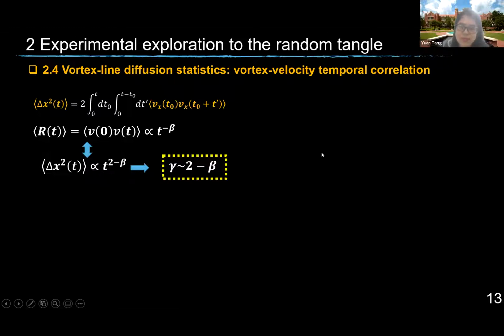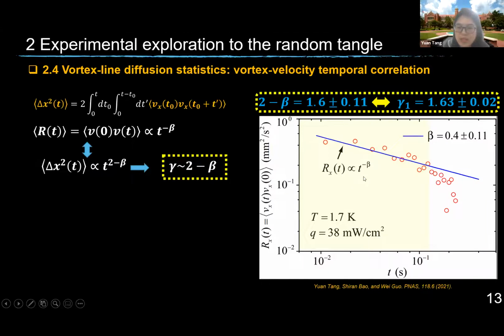Then we examined the temporal velocity correlation of our data. This figure shows the result of 1.7 K and a heat flux of 38 milliwatt per centimeter square, which is the same condition as the figure for the mean square displacement shown previously. The data indeed show a power law scaling region shaded by this yellow area.